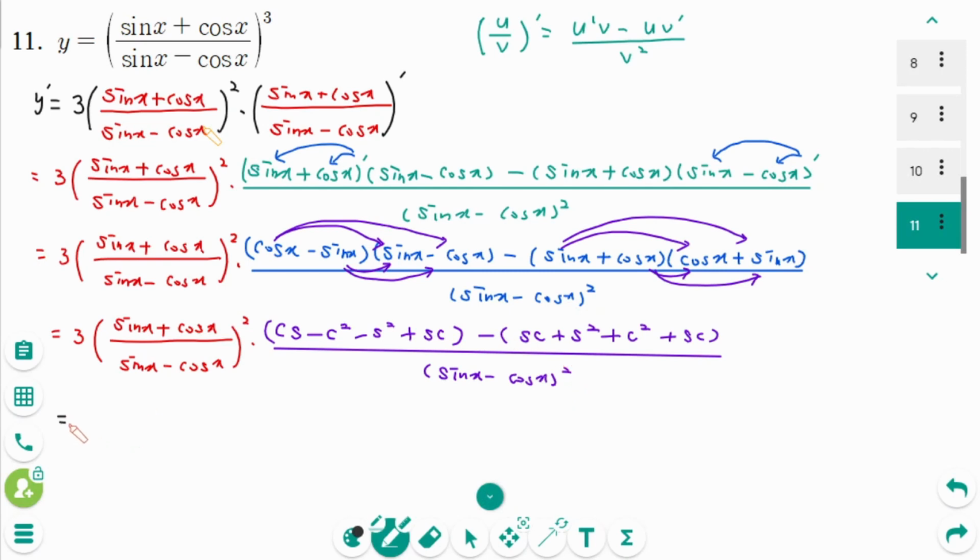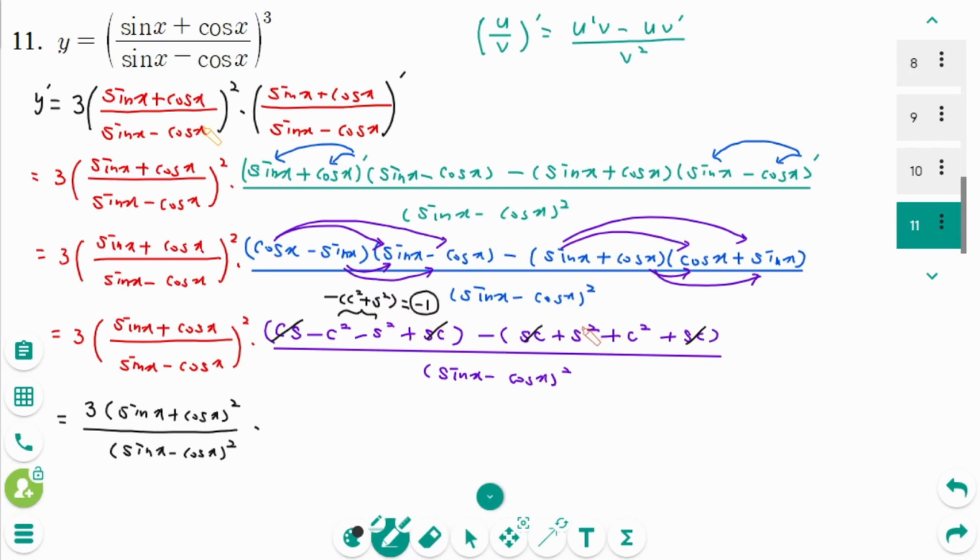We can rewrite as 3 times sin x plus cosine x squared over sin x minus cosine x squared times cosine sine minus sine cosine, sine cosine minus sine cosine. Then these two make minus cosine squared plus sine squared, which is minus 1.